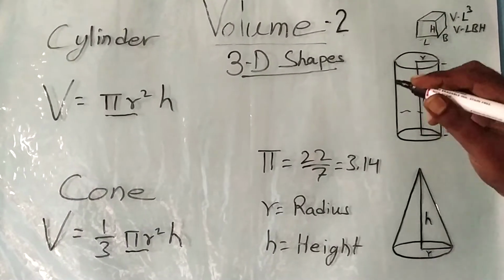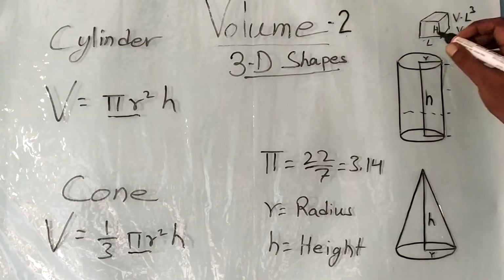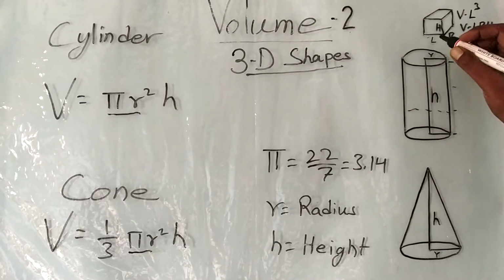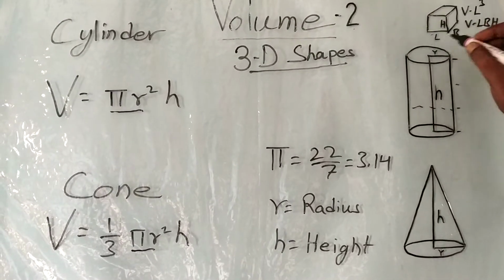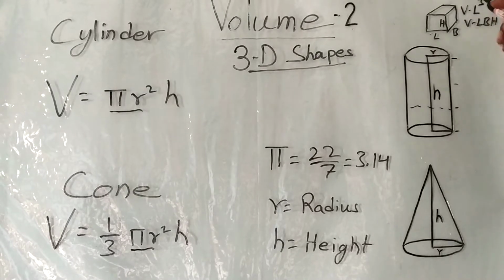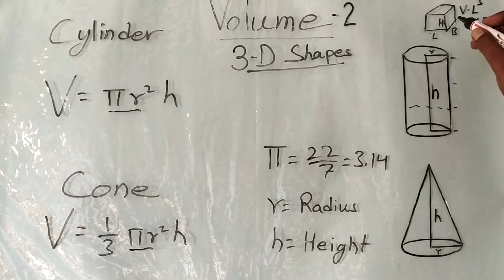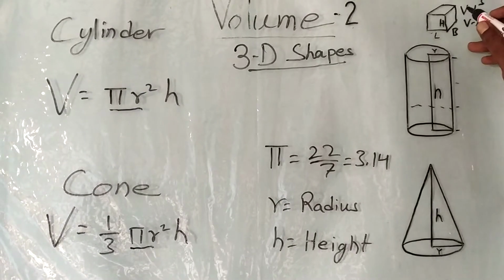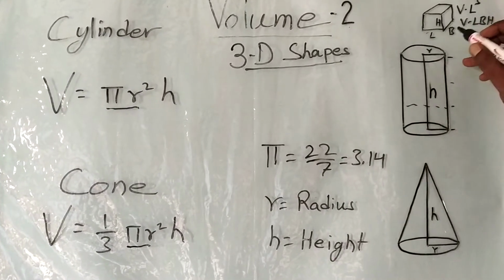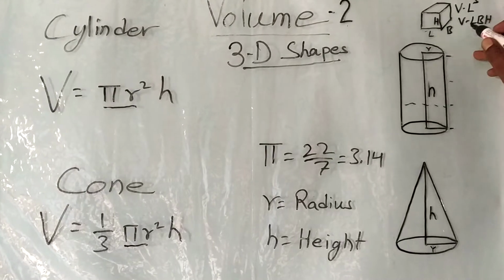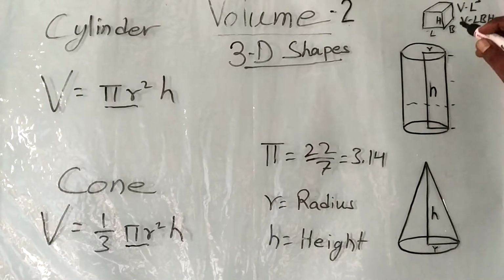In the previous video, we have seen how to find the volume of cube and cuboid. If you know the length, breadth and height of any cuboid or cube, then we can find it. In case of cube, volume will be L cube, and in case of cuboid, volume will be LBH.